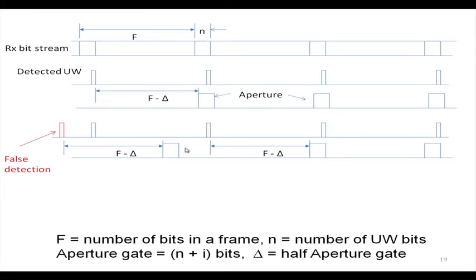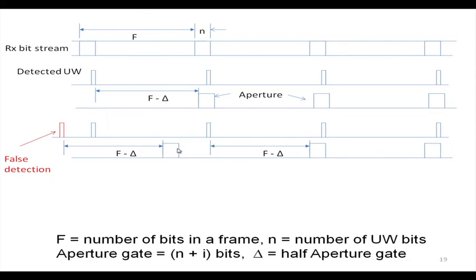But you opened the aperture area based on this false detection, so you will not find a Unicode here. Therefore, you will open the aperture again fully. So, you detect it here. Once you detect, again you open the aperture here, and now this time you will get the Unicode within that.